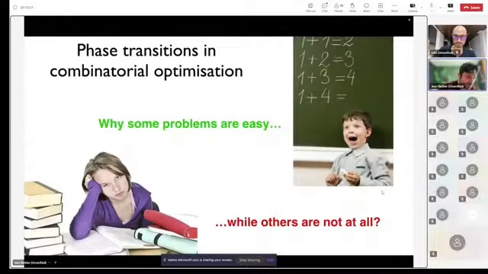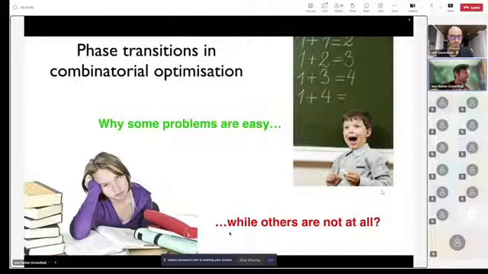So the main question one is interested in answering in a whole field, overall in computer science, is the following one. Why are some problems easy to solve and some other problems are hard to solve? What makes a problem hard?